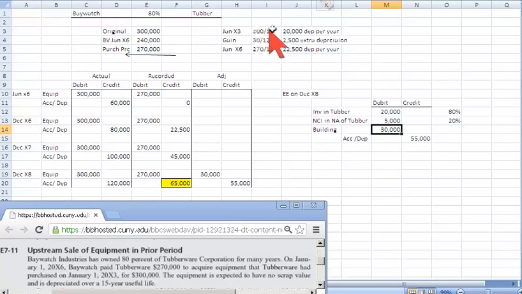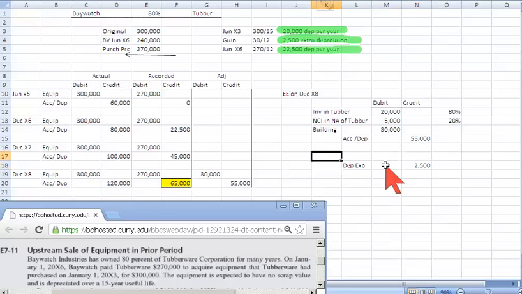Now, since originally we were supposed to record $20,000 depreciation, but we have been recording $22,500 depreciation, we have to eliminate $2,500 depreciation. And since when you book depreciation it's a debit, to eliminate we need to have a credit. So let's have a credit to depreciation expense for 2,500, and we need to debit accumulated depreciation for 2,500.